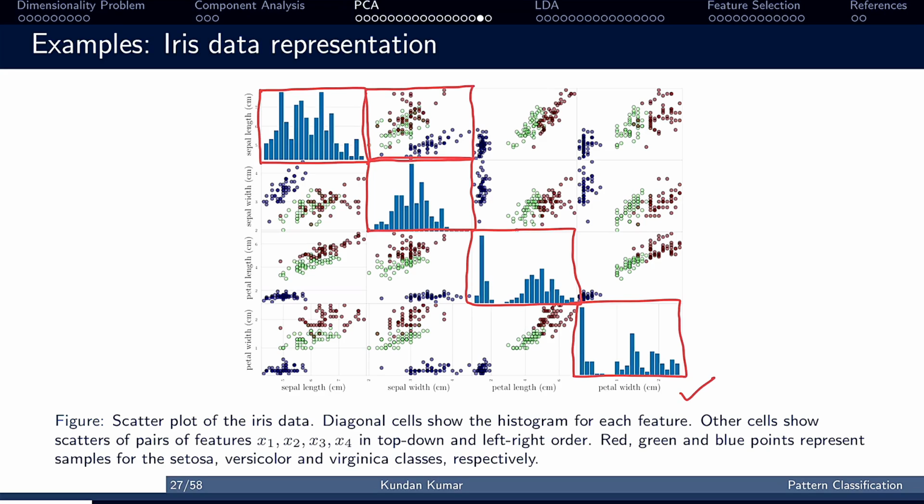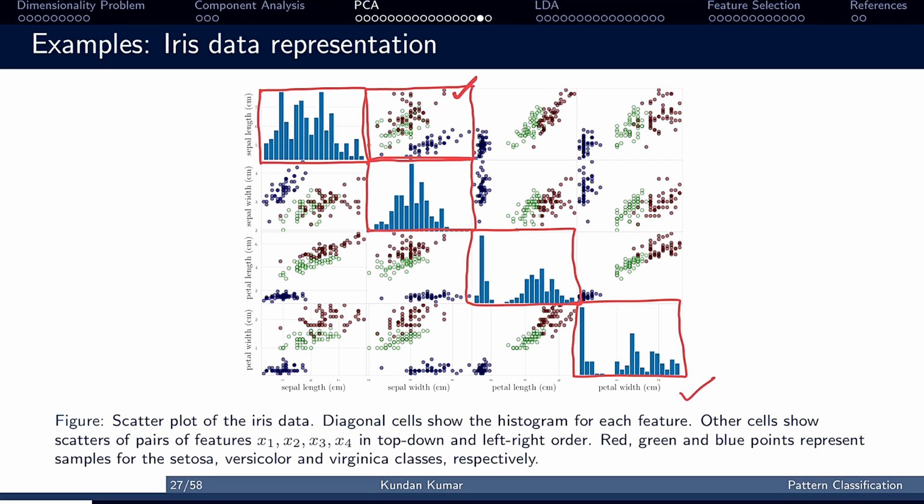Basically here we are visualizing the features in 2-dimensional feature space. So, this is the scatter plot of the first and second feature vector.